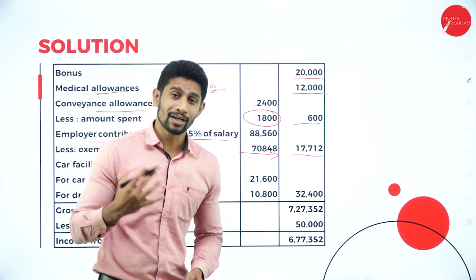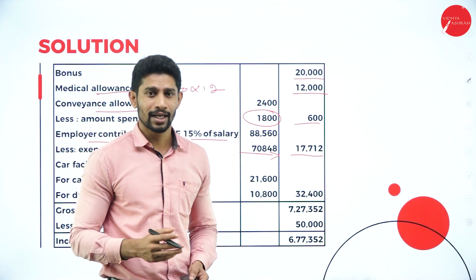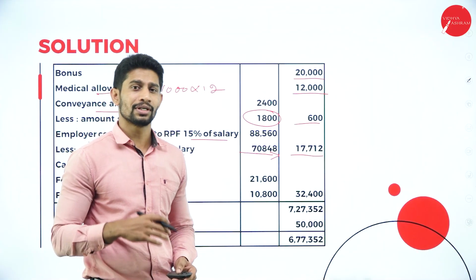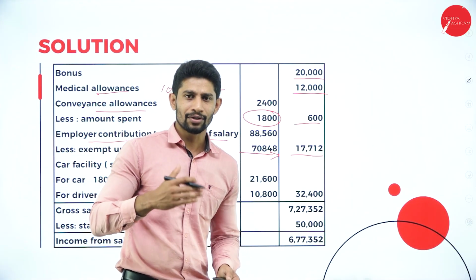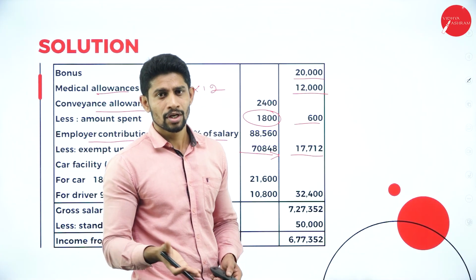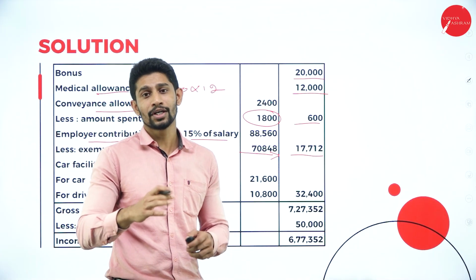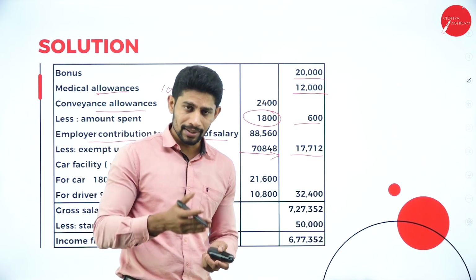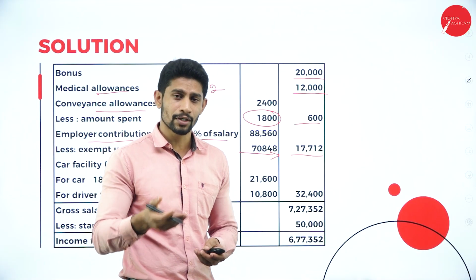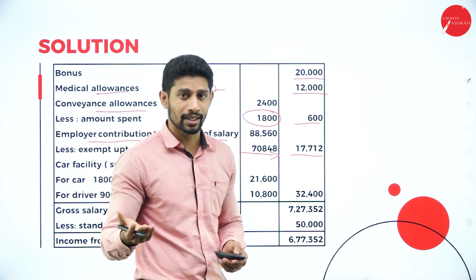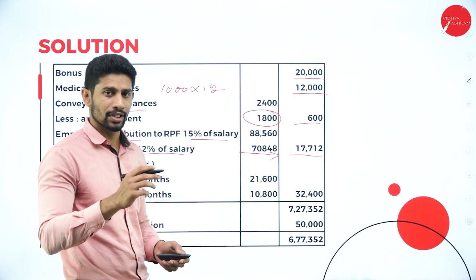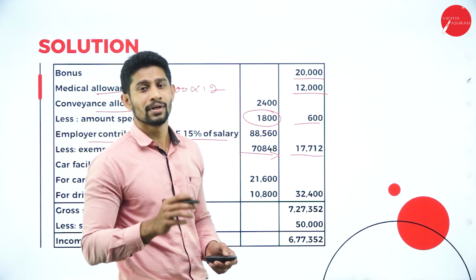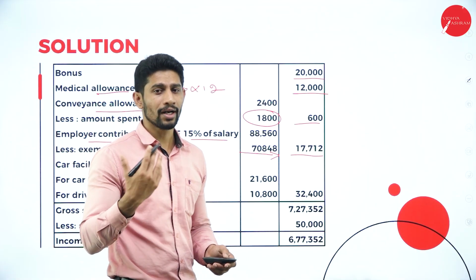For computation of salary for RPF and HRA, if nothing is mentioned about whether DA is part of retirement or not, you can either consider it or not consider it. But whichever you do, you are supposed to put a note stating whether you are considering it as part of salary for HRA and RPF or not.